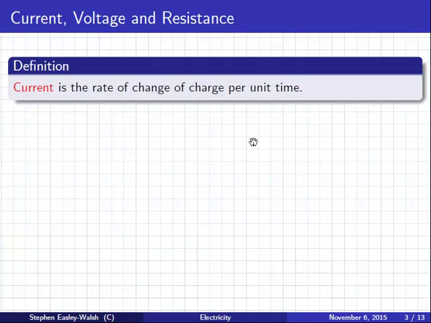So another way to define current is the rate of change of charge per unit time. But you could kind of see that last time too.